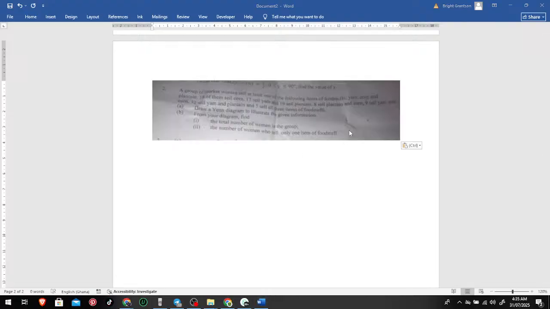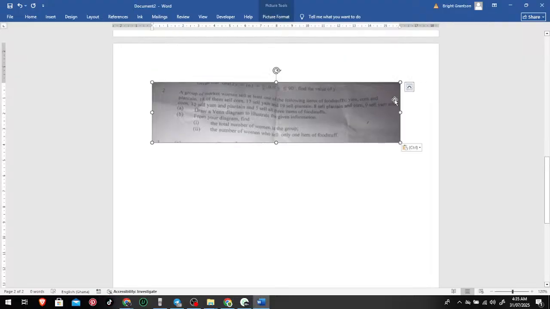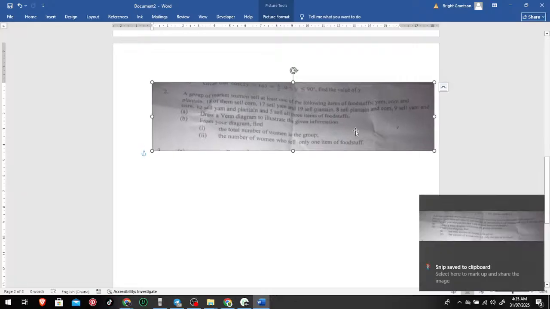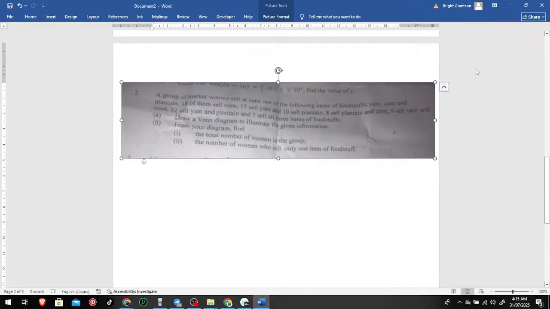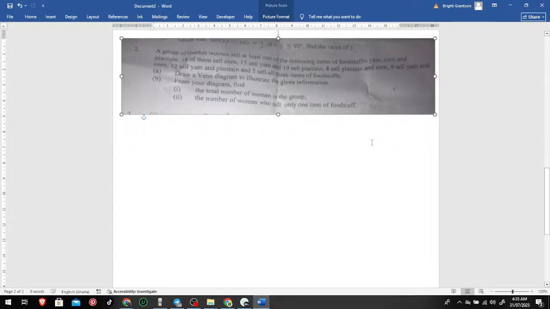It says a group of market women sell at least one of the following. It says every woman sells at least one. Sometimes that means complement, but you have to read the statement to the end.